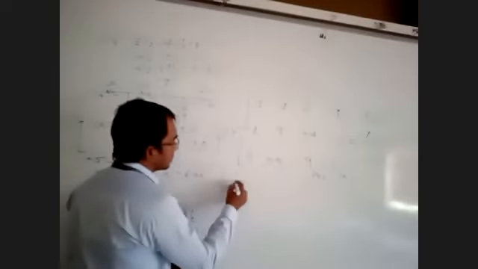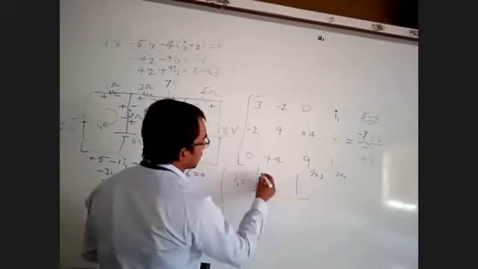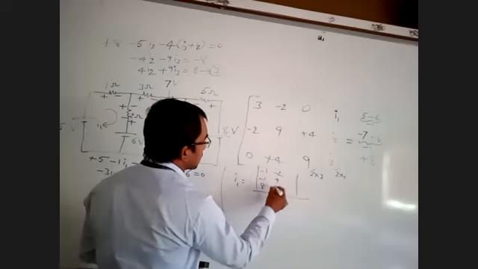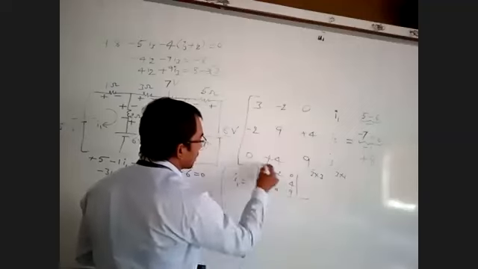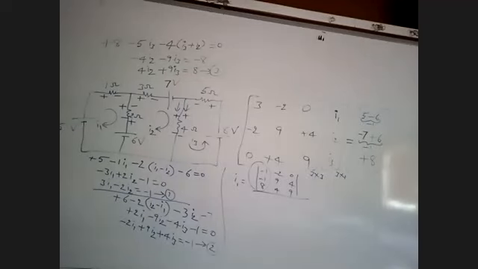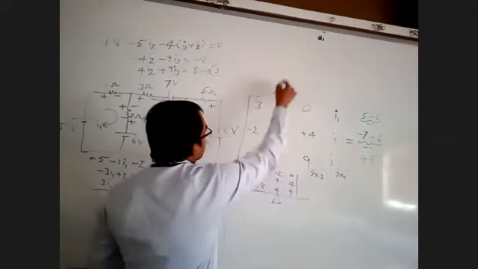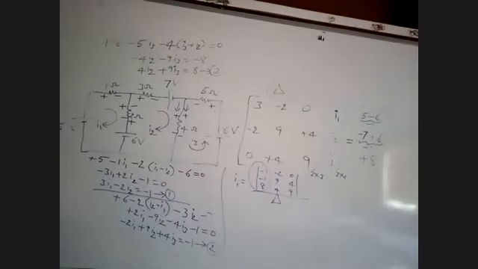I1 is equal to delta 1 by delta. I am replacing the first column with the voltage sources, minus 1, minus 1 and 8. That is delta 1 by delta. Delta is the determinant of the resistance matrix.